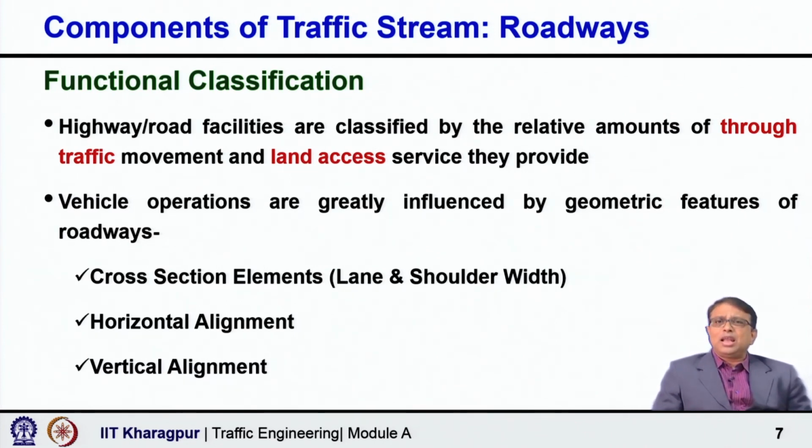Then the horizontal alignment: the curves, the transition part, the extra widening part, super elevation. Then the vertical alignment: design of summit curve, vertical curve, the length, what is the acceptable grade, what is the critical length of grade, and how you provide other facilities like improving the passing opportunities, climbing lanes, and emergency escape ramps.